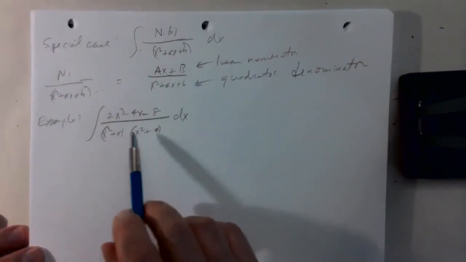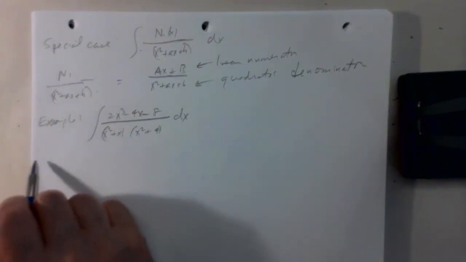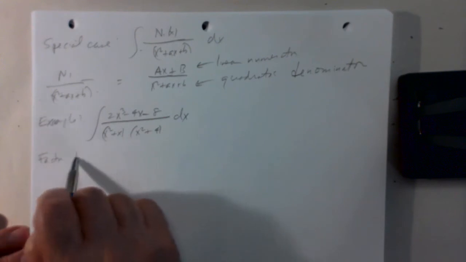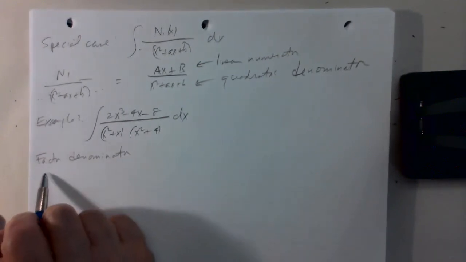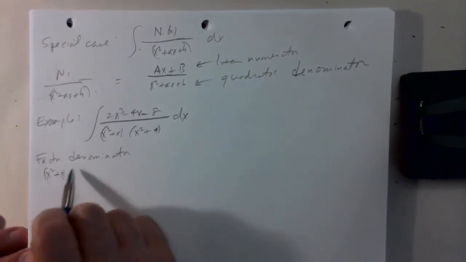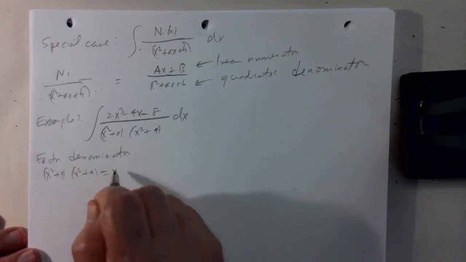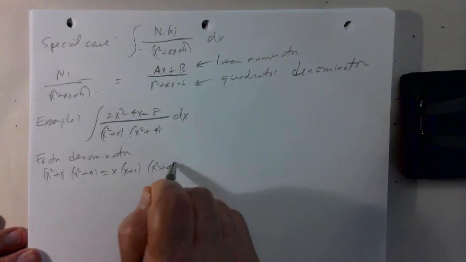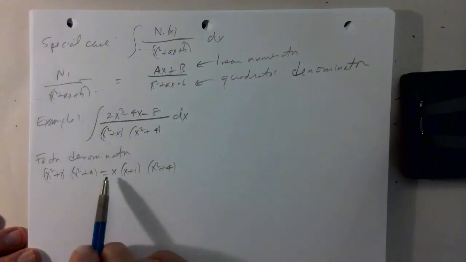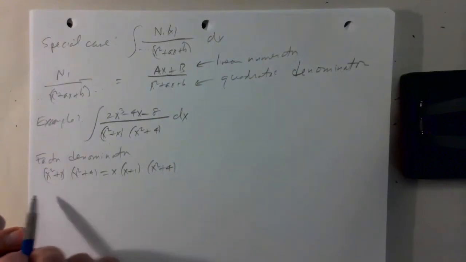The denominator has degree 4. If we factor the denominator, (x squared plus x) times (x squared plus 4), the first term factors into x times (x plus 1), but the second term doesn't factor. So we have two linear factors and an irreducible quadratic.